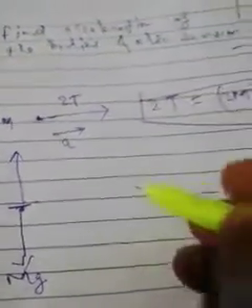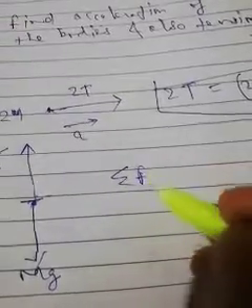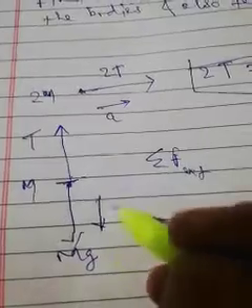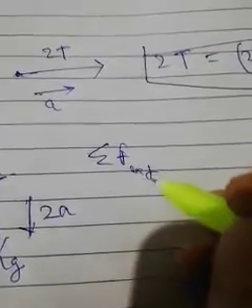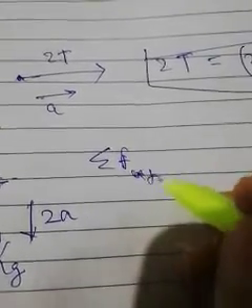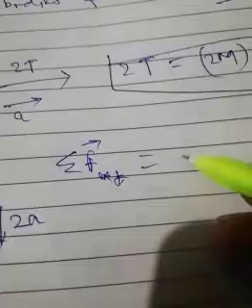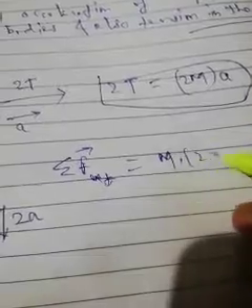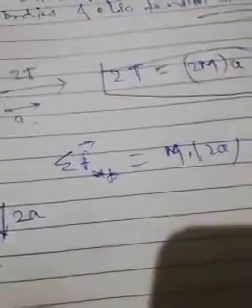So, using Newton's second law of motion, the net acceleration is 2A, so m into 2A is coming.